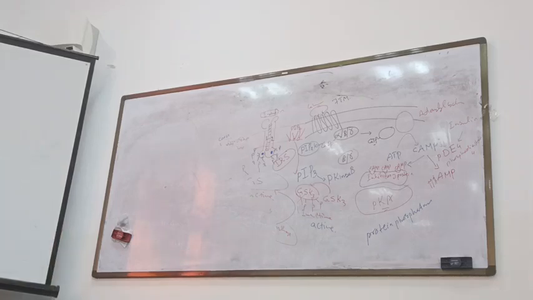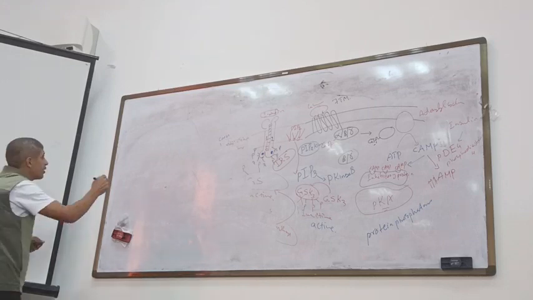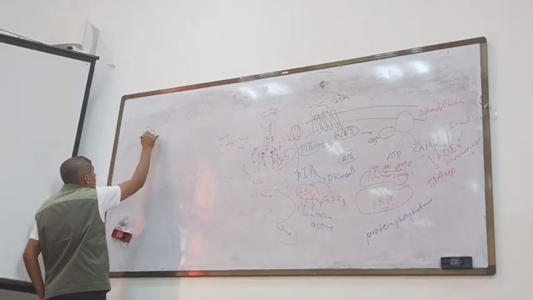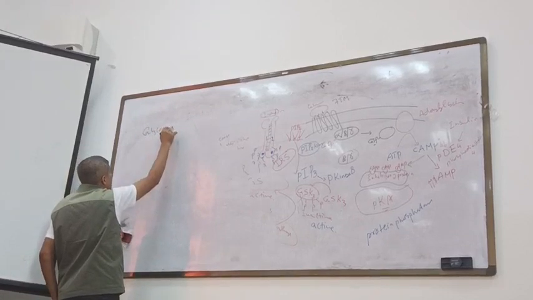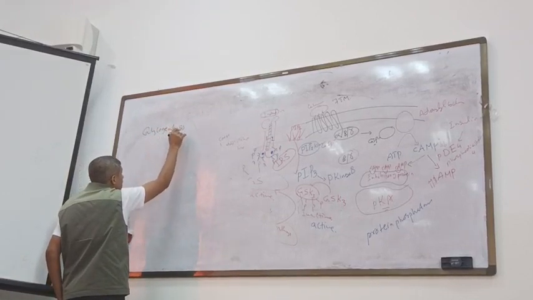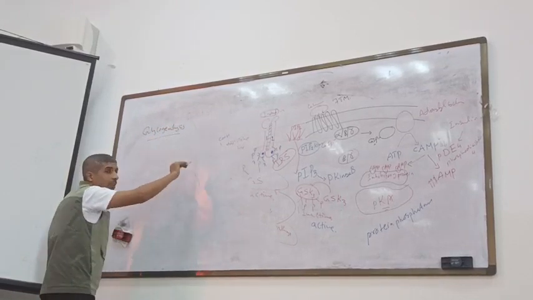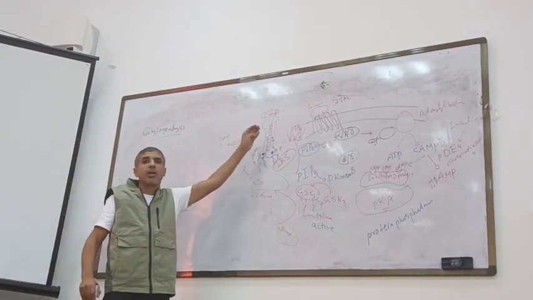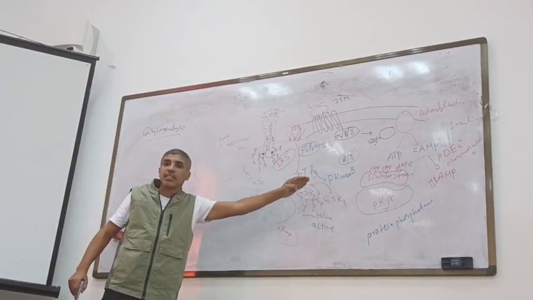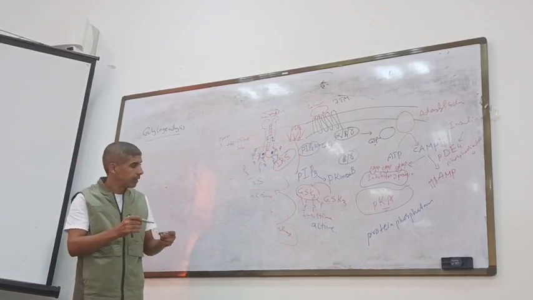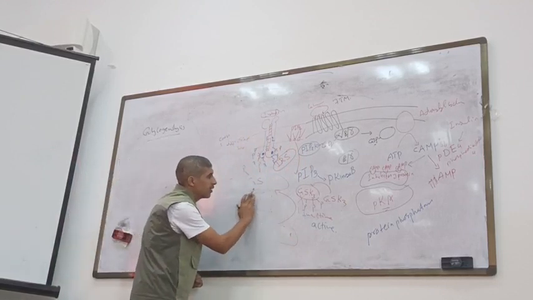Glycogenolysis is glycogen breakdown. So glycogenolysis is catabolism, yes? Yes. So the catabolic hormone is activating glycogen phosphorylase.